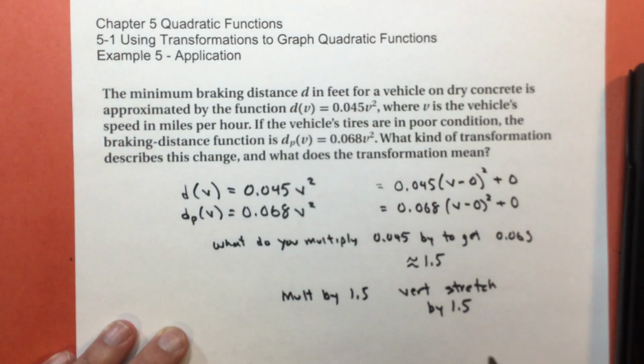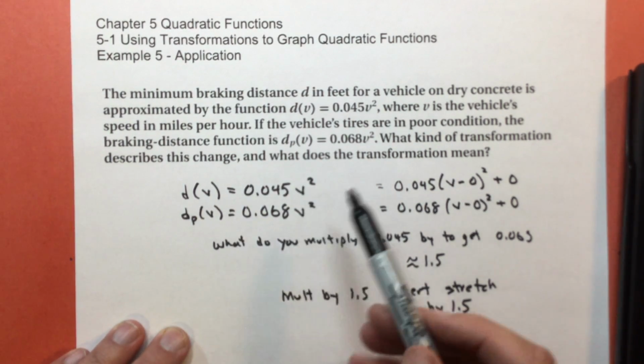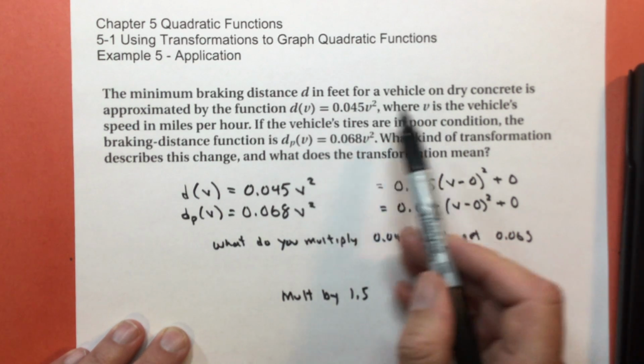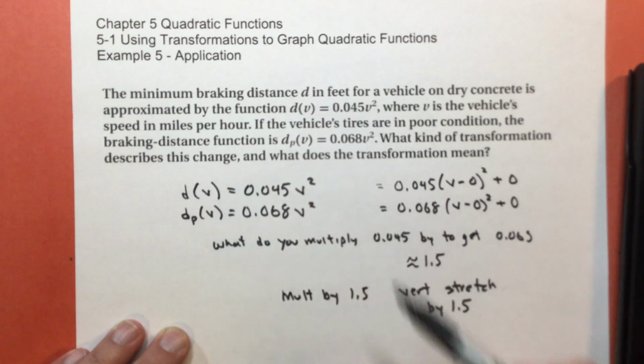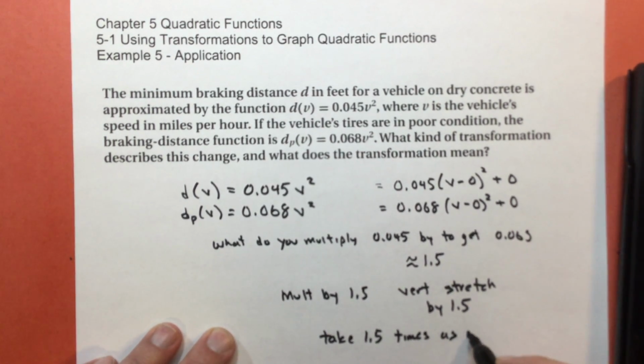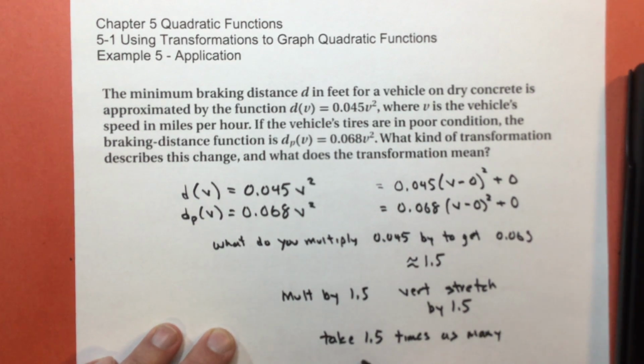And what does it actually mean? The vertical component, if I graphed it, remember, my independent variable is the velocity, my dependent variable is the distance. That means it takes 1.5 times as many feet to stop.